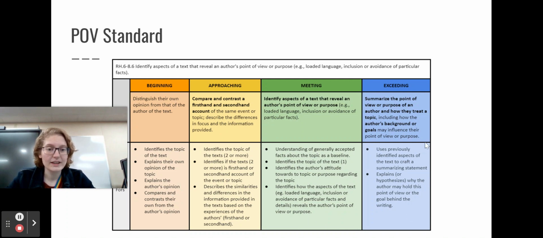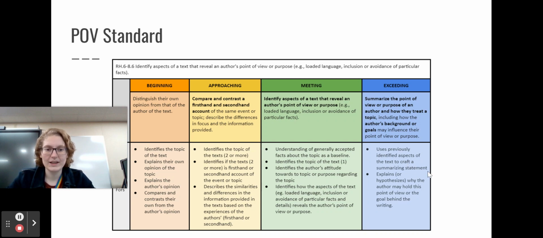Then to get a 4, it is similar to central idea in that you're going to be summarizing, thinking about how an author treats a topic and what of their background or goals might influence their point of view or purpose. So explaining why the author might hold that point of view.